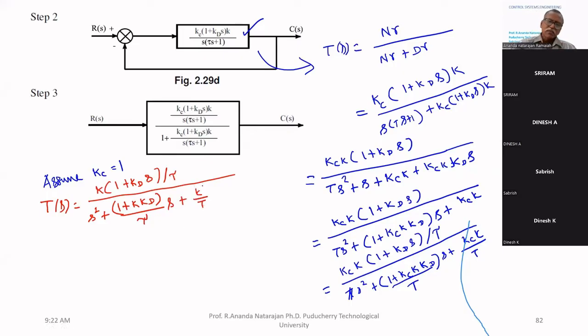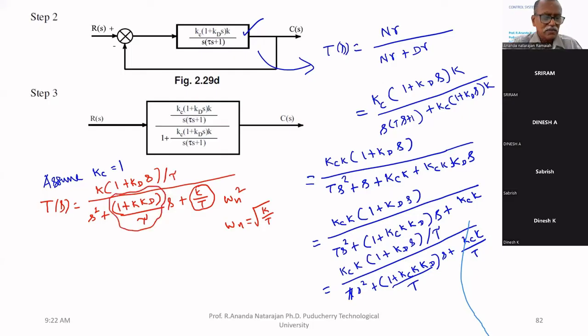From this, we understand that there is no change in omega n square. That is no change in omega n. Omega n here is also the same, square root of K by tau. So derivative controller will not change the natural frequency, but it will change zeta.